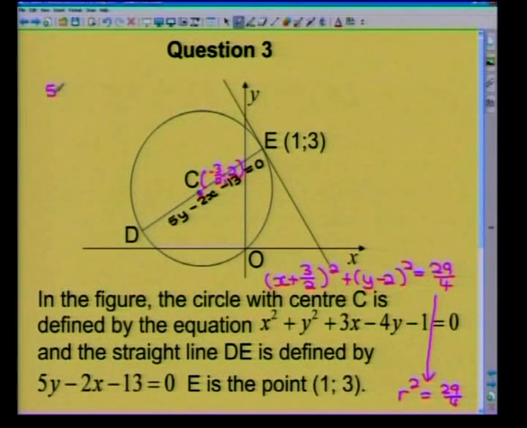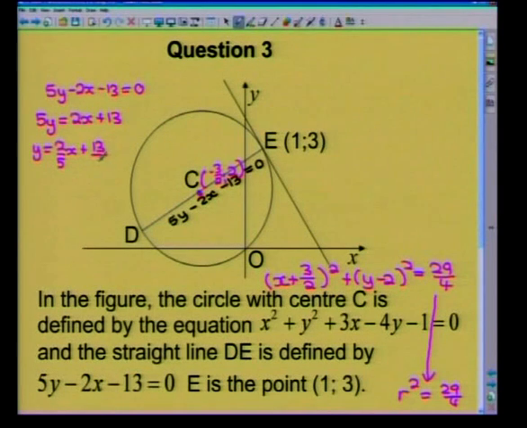So if I take this 5y minus 2x minus 13 equals 0, and I work it into y form, I could say 5y is equal to 2x plus 13, which means y is equal to 2/5 x plus 13/5.